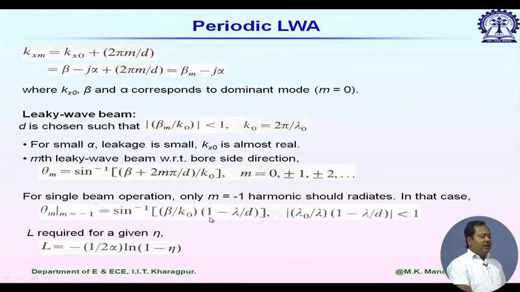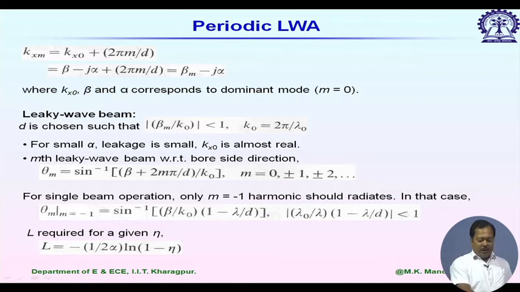If we further increase the frequency, it will enter the first quadrant and the radiation will continue in the first quadrant, but the scanning is limited by the second harmonics.